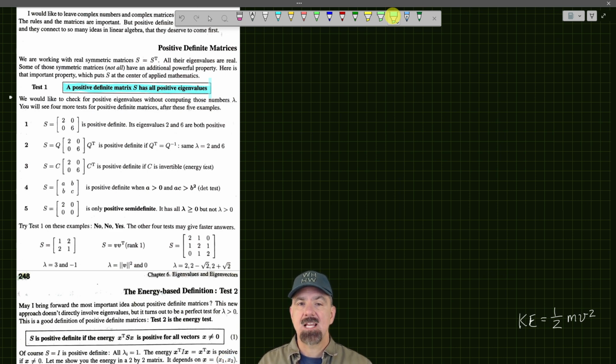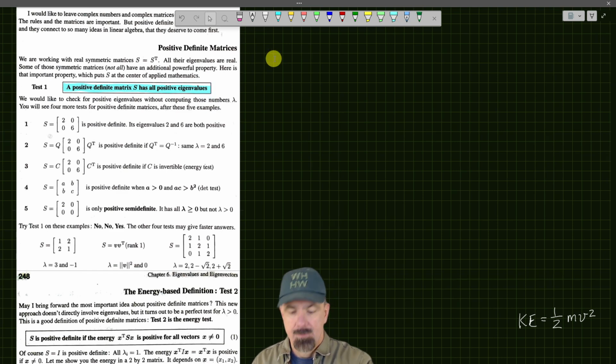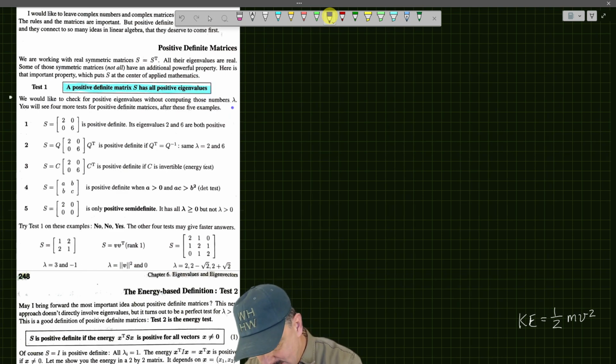We have additional tests that we have to run, and Strang's going to run through 5 equivalent tests, and we're going to talk about each of these. This first test, if you will, is not so much a test as the definition. The definition of being positive definite is that we have all positive eigenvalues. So Strang provides us with some examples here that we want to look through.